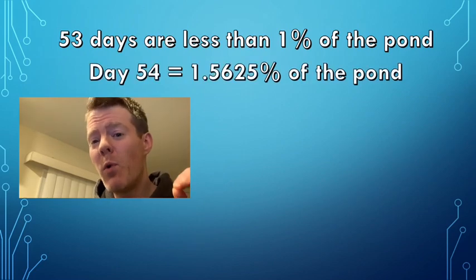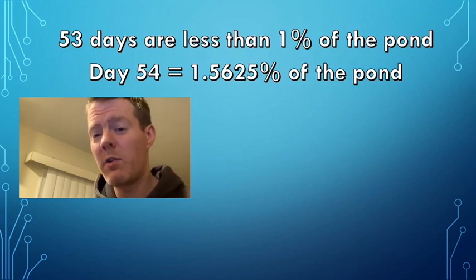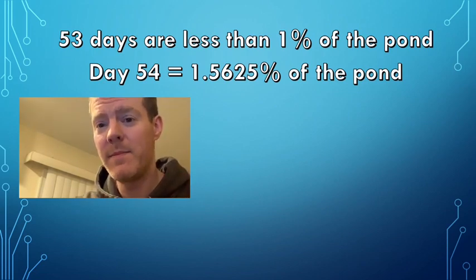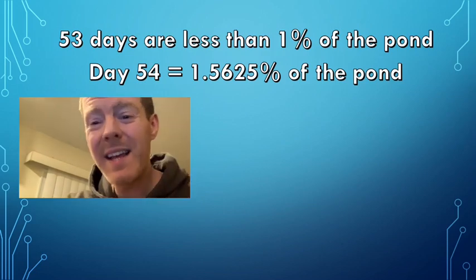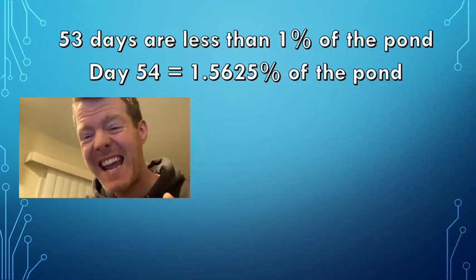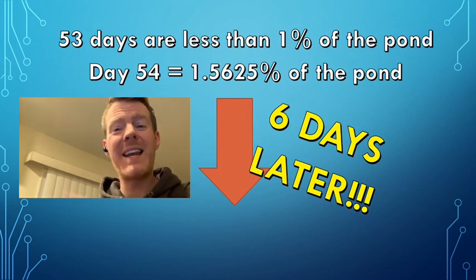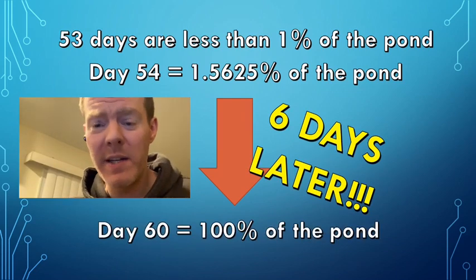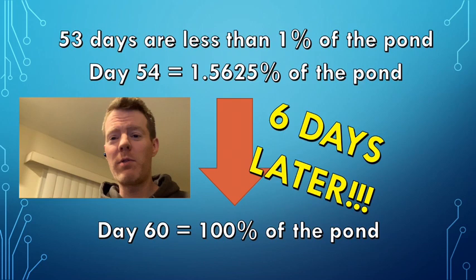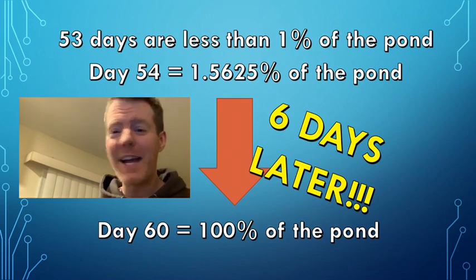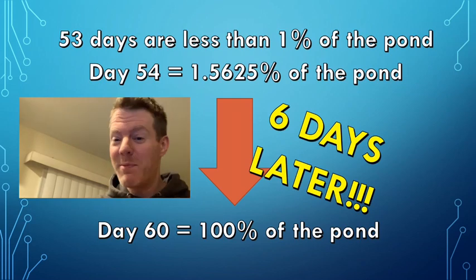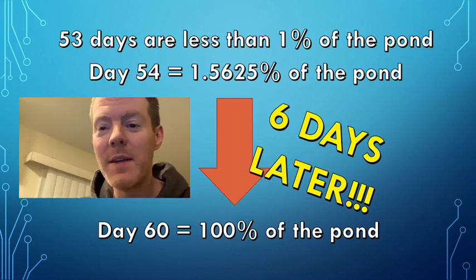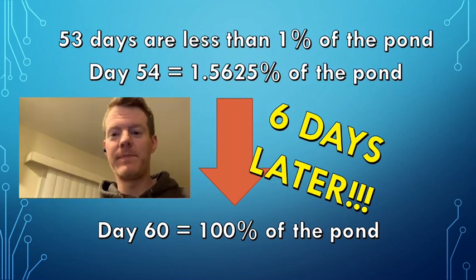By day 54, it had finally crossed over 1%. So now we're at 1.5%, and there's only 6 days left. And in 6 days, it goes from 1.5% to 100% of the pond being full. That's exponential growth. We had 53 days of nothing, and then we had 6 days where it went from 1% to 100%. It's like, boom. That's exponential growth.